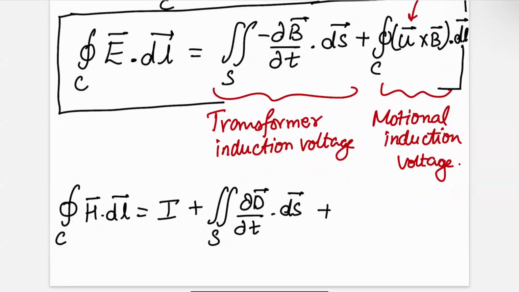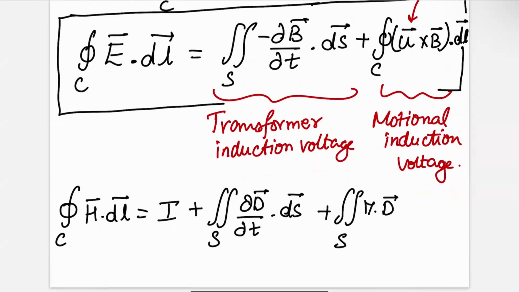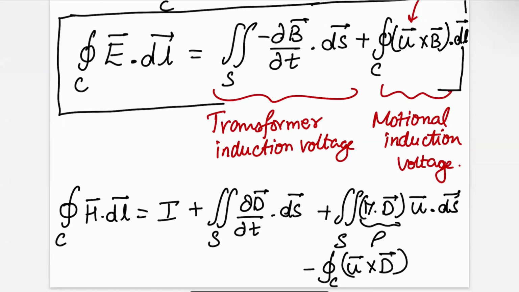You get another term, which did not show up earlier because the divergence of B was 0. With the divergence of D, u dot dS, right? And this is nothing but rho. And you get the same contour integral at the end, the integral over the contour of u cross D dot dl.